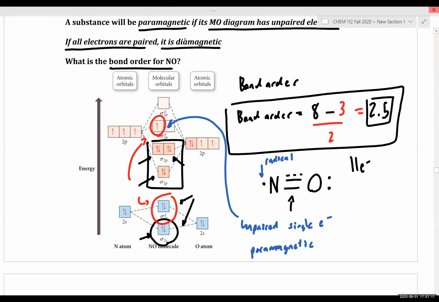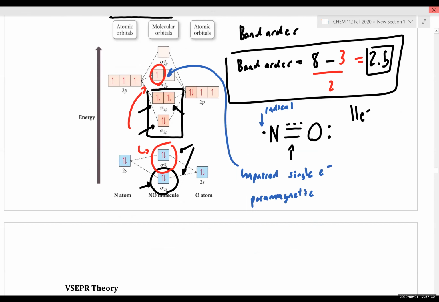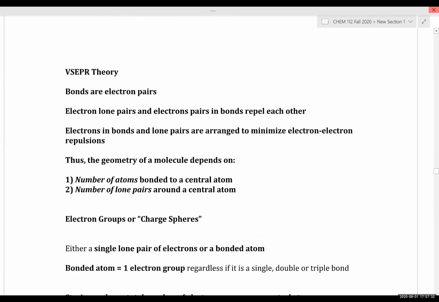Does this idea make sense to everyone? So we're already beginning to use these pictures to describe our bond length and strength. So we're making some progress here.